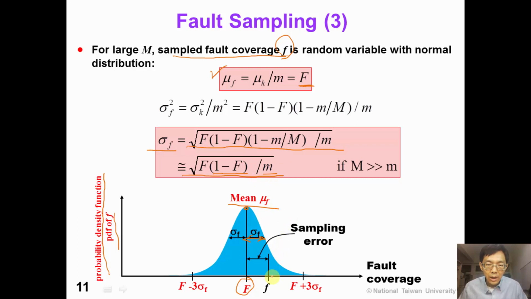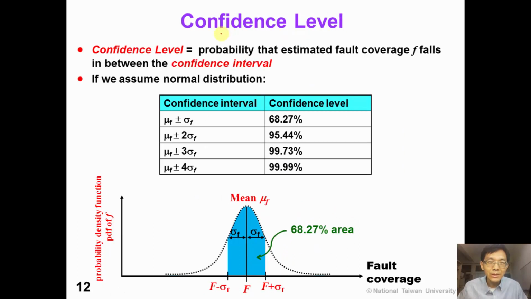Suppose that in our fault simulation we obtain a number here. Then the distance between the real fault coverage and our simulation fault coverage is called the sampling error. So how much confidence do we have in our prediction? Confidence level means the probability that our estimated fault coverage, small f, falls in between the confidence interval.